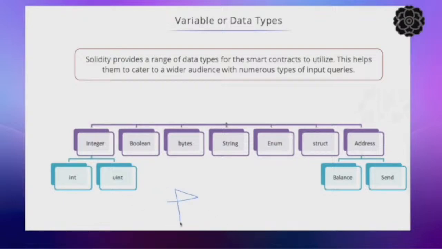Only positive values are declared in a uint. What is uint? U stands for unsigned. I cannot write over here with a mouse, but yes, it's unsigned integer, and this is integer. So integer captures positive and negative values. Uint, unsigned integer, captures only positive values.